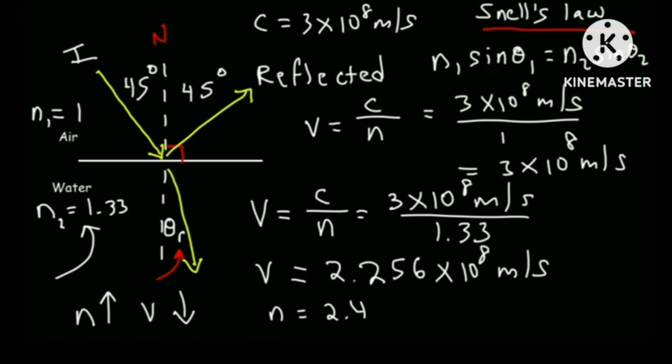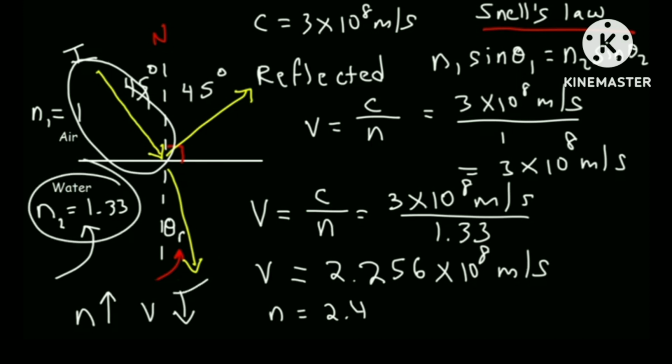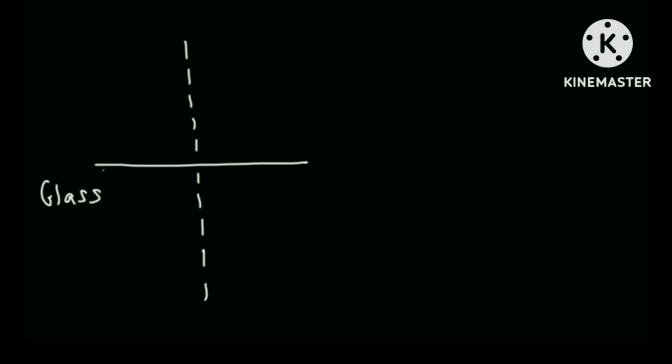So far, we've considered the example where light travels from a material with a low index of refraction to a material with a high index of refraction. And we saw that the light bent closer to the normal line. Now let's consider the other situation. Let's say we have glass on the bottom, air on top.